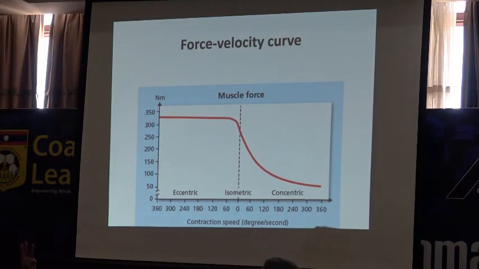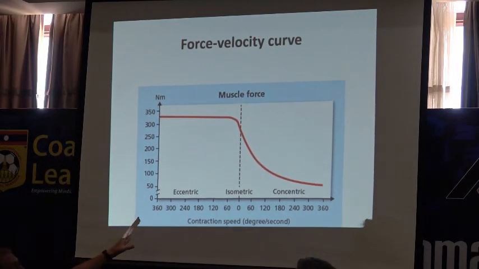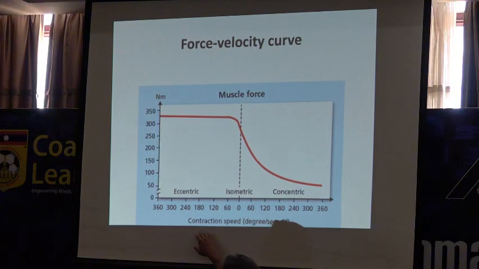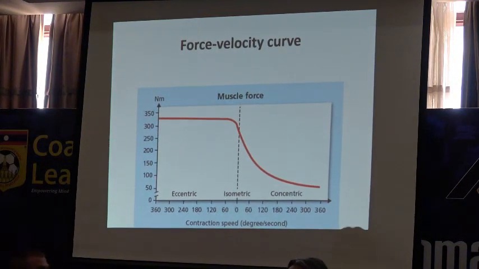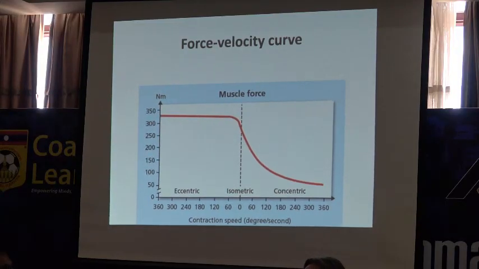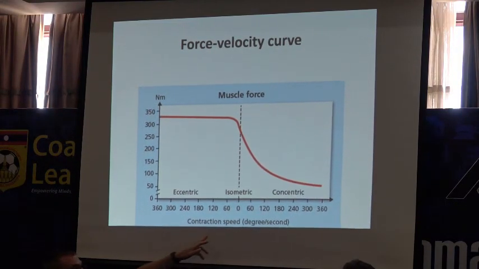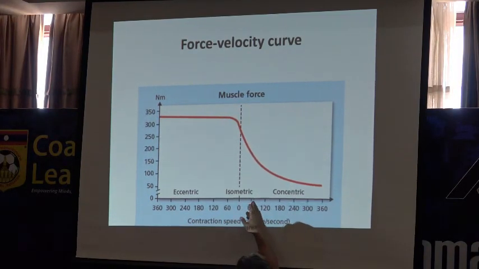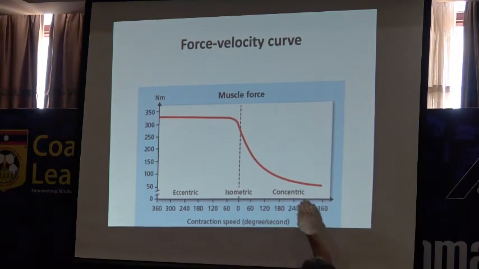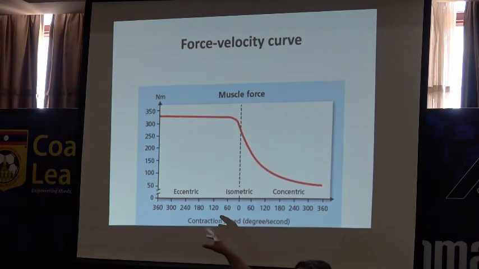And this is contraction speed, so this is how fast we contract, how fast the movement is. And we see that within the concentric area, the faster the movement, the greater the decline in force.